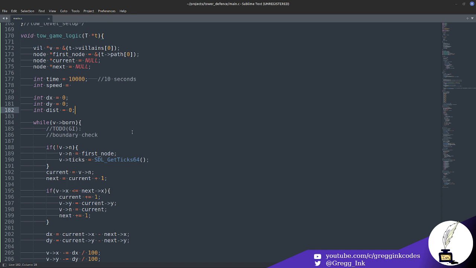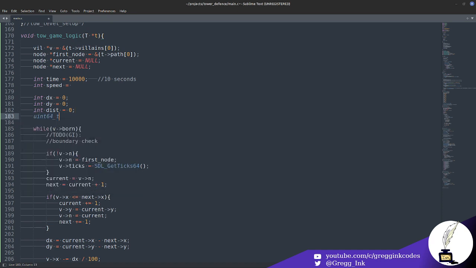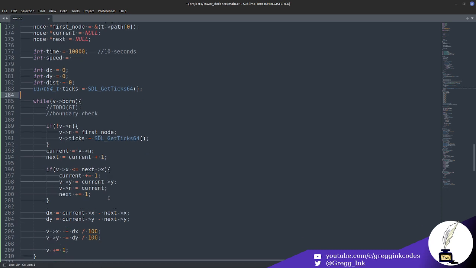What I'm gonna do here is ticks equals, and I'm gonna do this. That's the time. So this is gonna be called every frame, or just before rendering every frame. So if the villain is just beginning, it will be called there. But for every frame, it will be called here. Only the first time will it be called there.